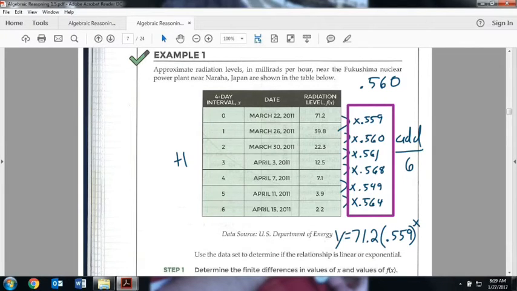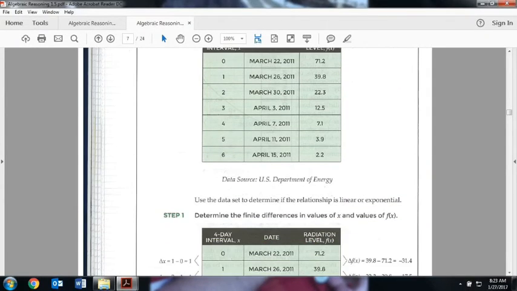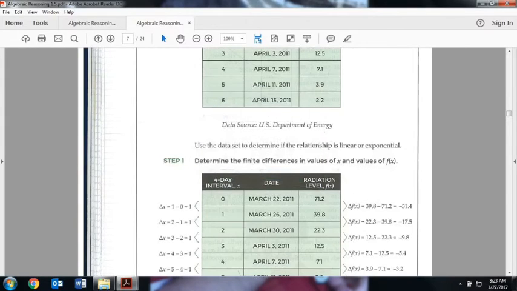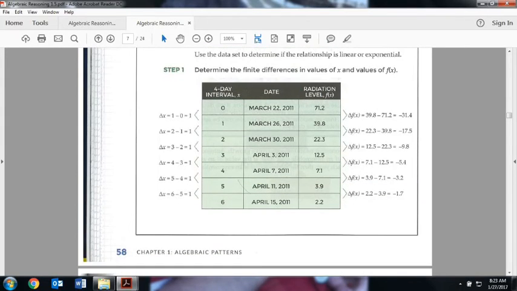And if you scan down the page a little bit, you would realize that's exactly what they did. They start off here, they said, hey, let's subtract them first. And they got the exact same numbers that we did. We got 31.4, we got 17.5, we got 9.8, negative 5. We just didn't go as far because we realized this isn't working. Okay?